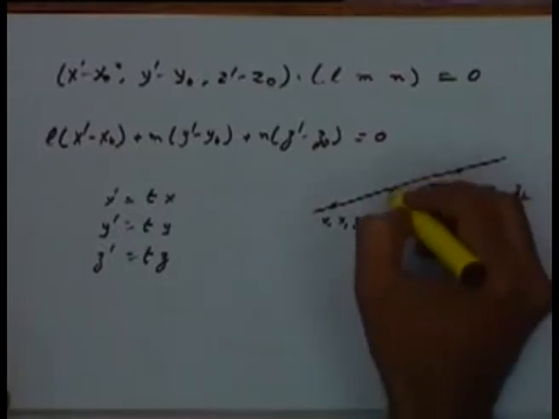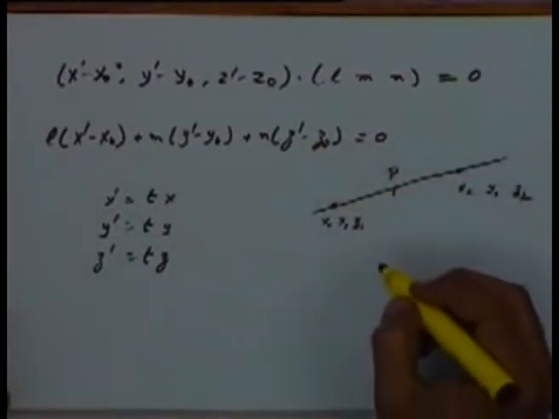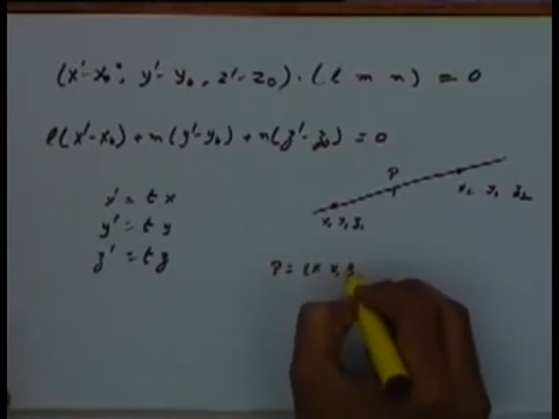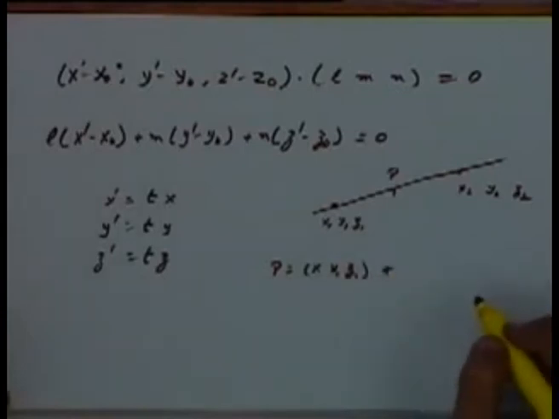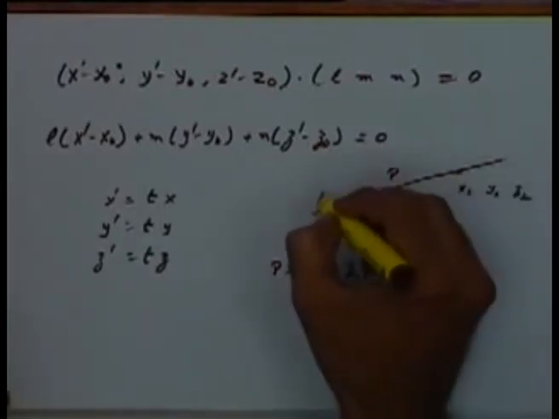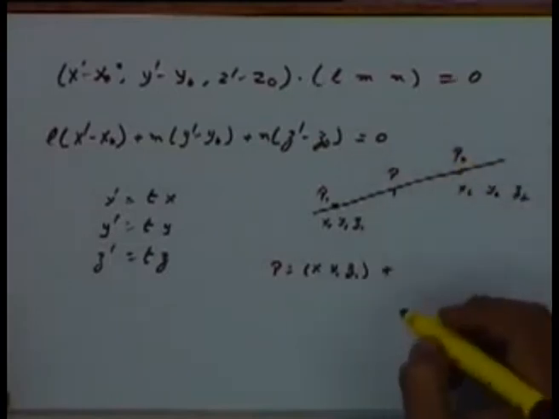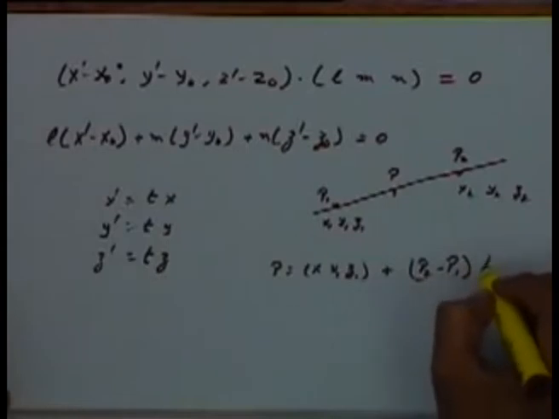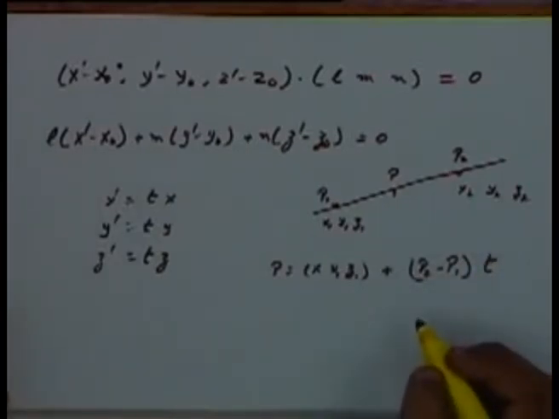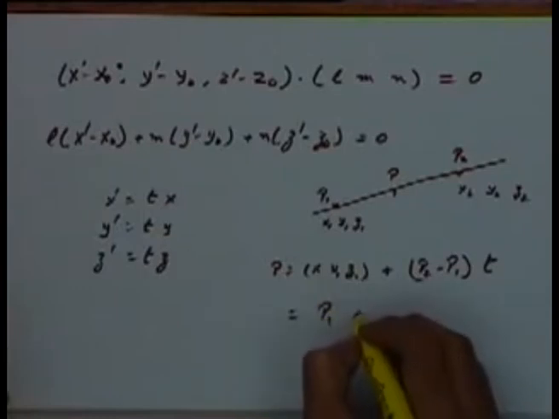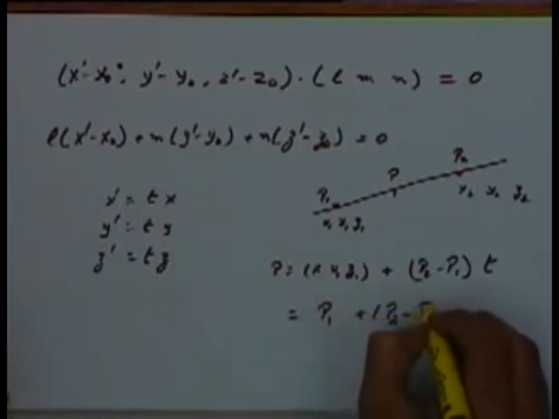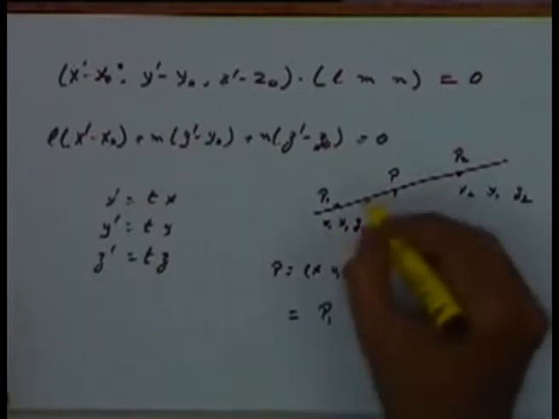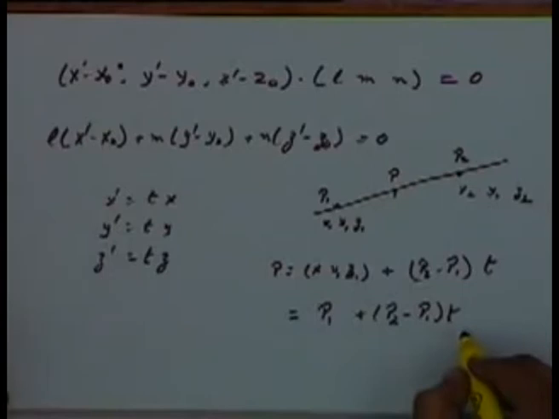Using vector notation, let's say if this point is P, we can say that P will be equal to x1 y1 z1 plus, let's call this P1, let's call this P2, plus P2 minus P1 times t. Or we can say it is P1 plus P2 minus P1 times t. Any point P on this can be given by this relation.